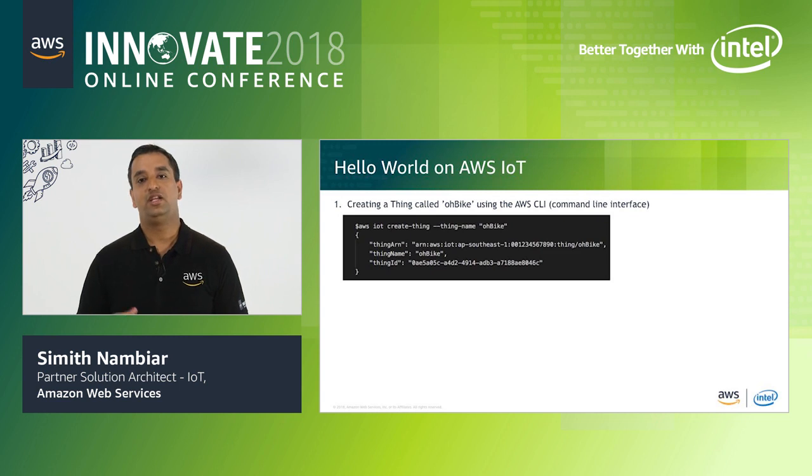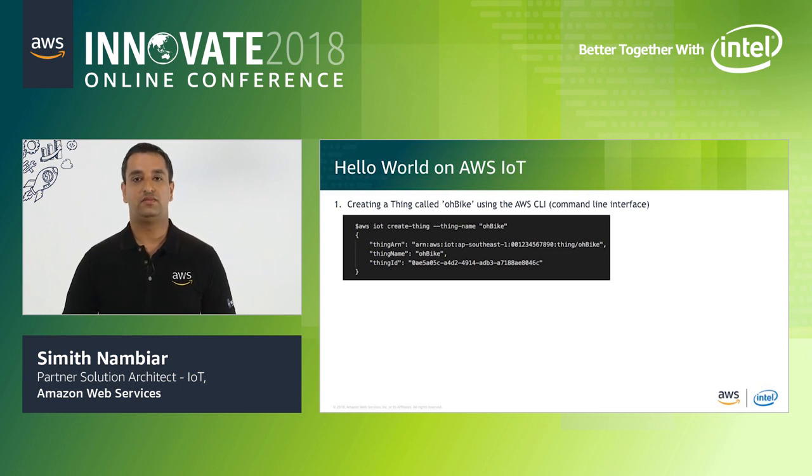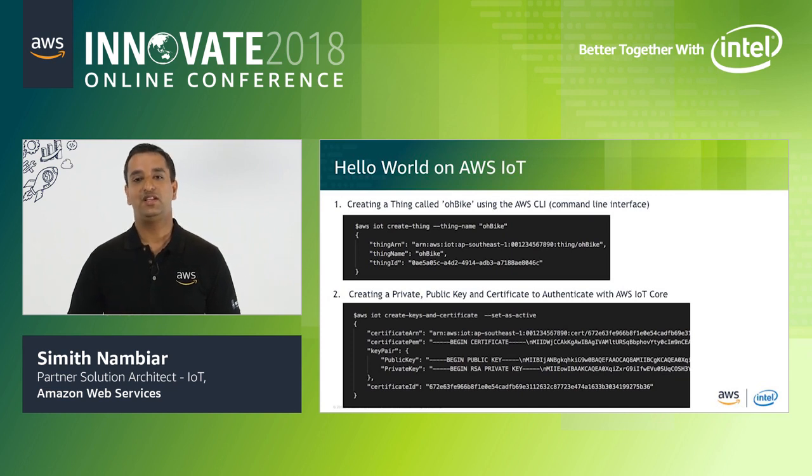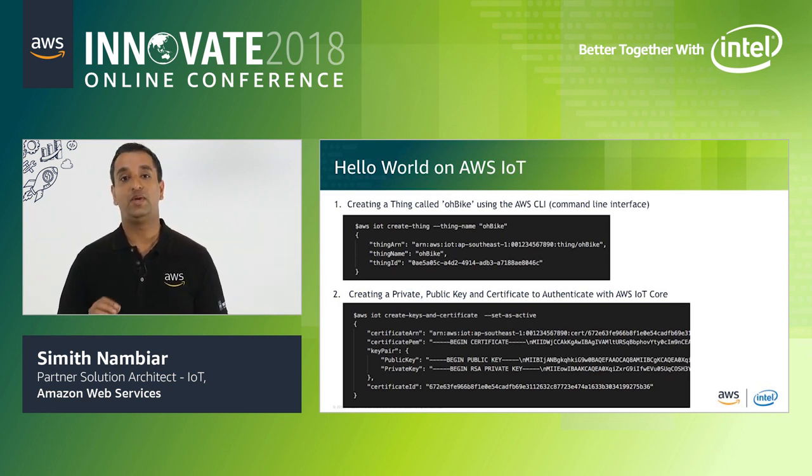You can see that a unique thing ID has been created to uniquely identify this thing. Using the create-keys-and-certificate API, we obtain the certificates required for authentication. This is the only time AWS IoT issues the private key for this certificate, so it is important to keep it in a secure location.